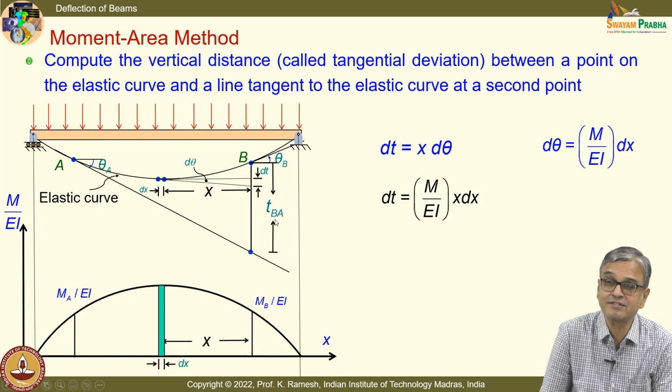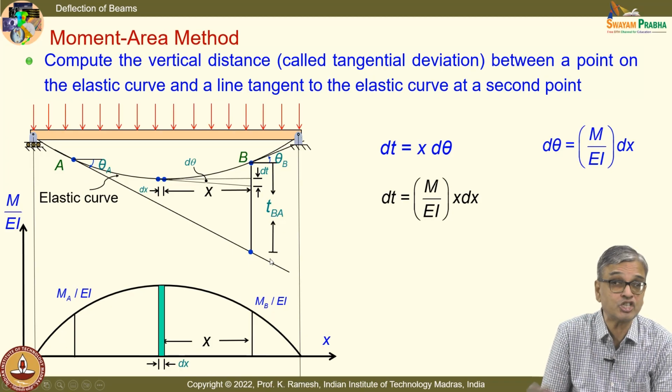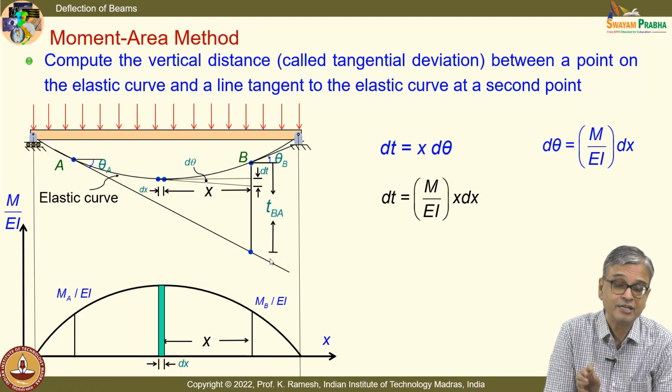So you should also understand what is the symbolism. B is the point on the elastic curve. A is the point from which you have drawn the tangent. So TBA only finds out this tangential deviation. It is not the deflection at that point. You should use your mathematical skills and geometry to find out the deflection.